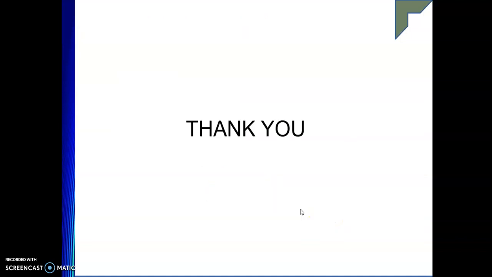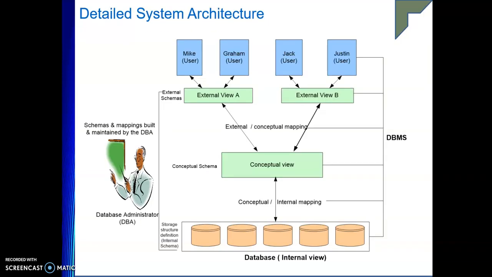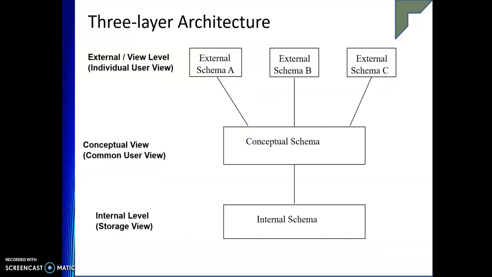The three-layer architecture is very important because it is one of the important questions asked during interviews. I was saying in the last session that you should know what schema is, what database schema is, what database instance is, and also the system architecture in terms of three-layer architecture: external view, conceptual view, and internal view.